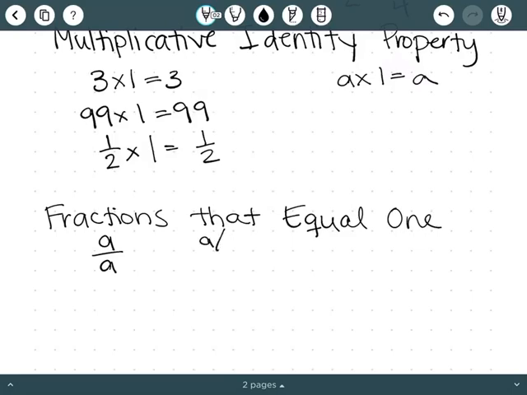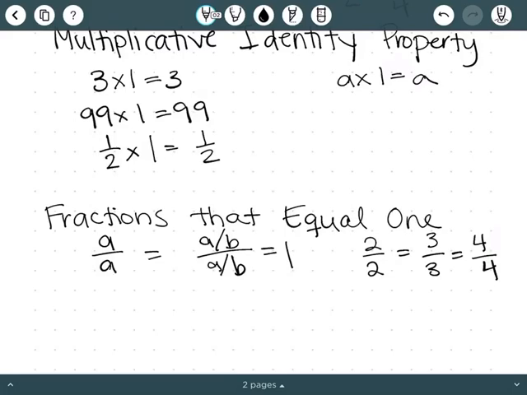Of note, you could have a over b over a over b, and that would also equal 1. But let's focus on this a over a. Any number over itself equals 1. So some examples are 2/2, 3/3, 4/4. Those are all equivalent to 1.